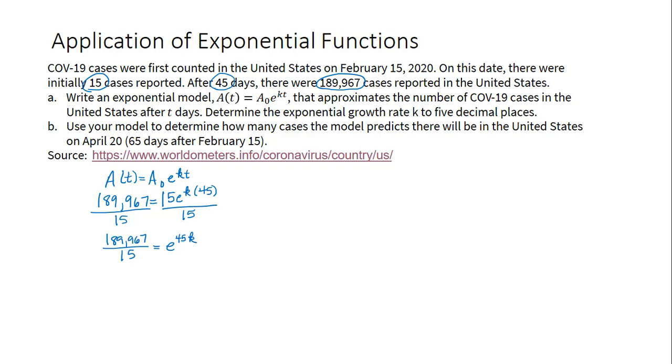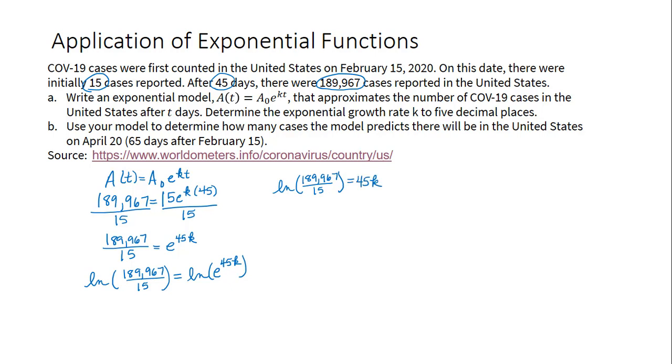To solve for k, we need to take the natural log of each side. So the natural log of the left side is the natural log of 189,967 all divided by 15. And the natural log of the right side, the natural log of e to the 45k, is just going to be 45k. So we have the natural log of 189,967 divided by 15 is equal to 45k.